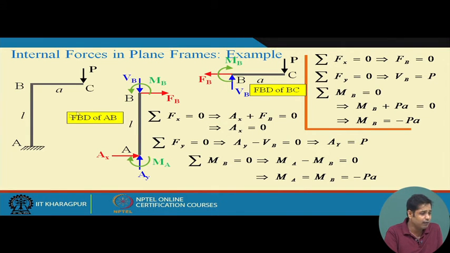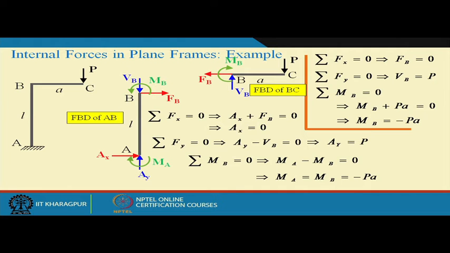Now we have computed the support reactions and the internal forces at the joint. Let us draw the bending moment diagram. The bending moment, shear force and axial force diagrams are the graphical representation of those forces.